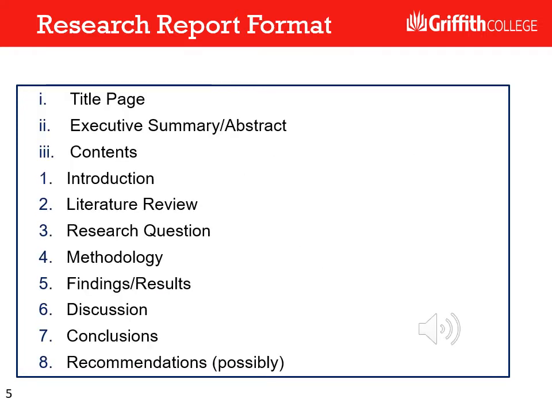So what does a research report look like? It's generally formatted with title page, executive summary or an abstract, and contents. These usually are obviously not included in the contents, although in some disciplines the executive summary or the abstract is included in the contents. It really depends on what field you're in.